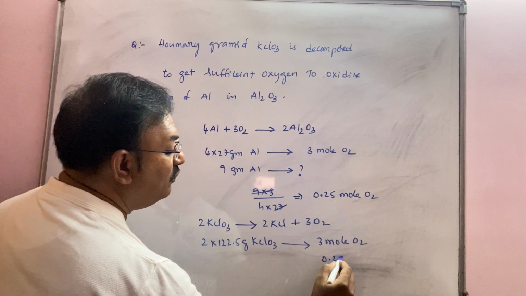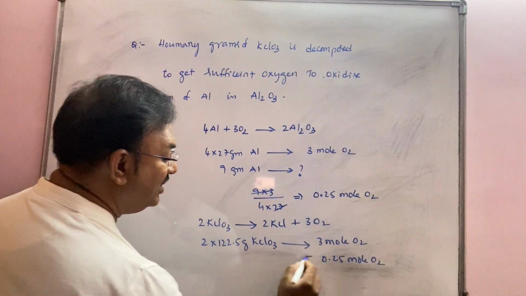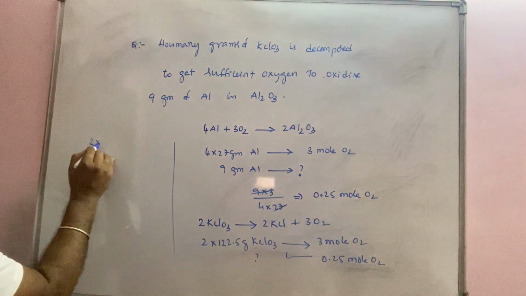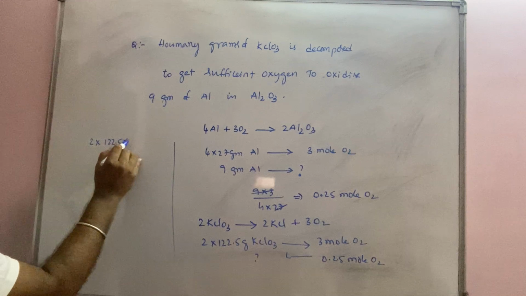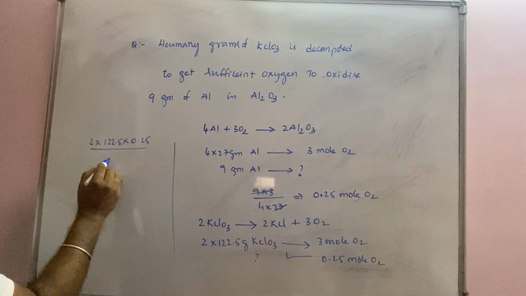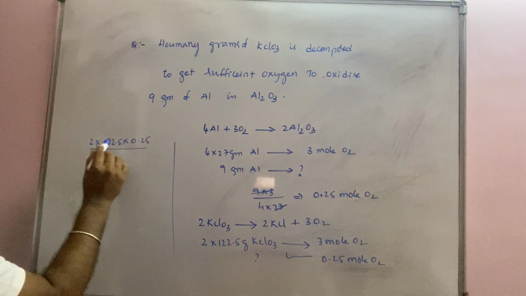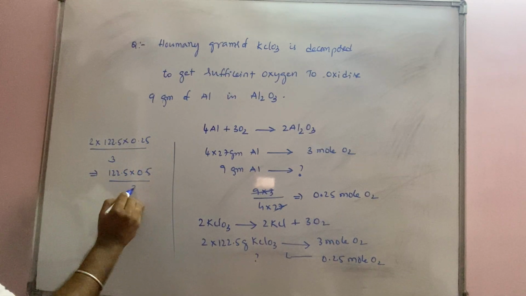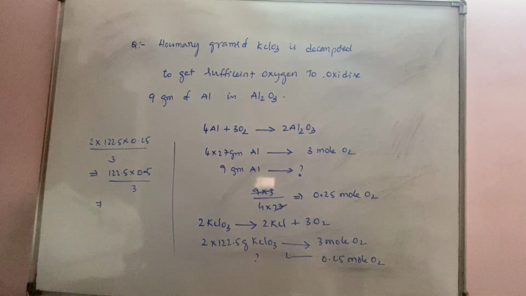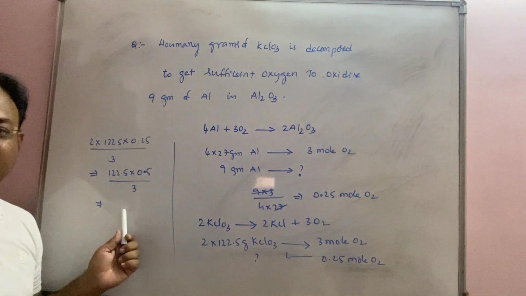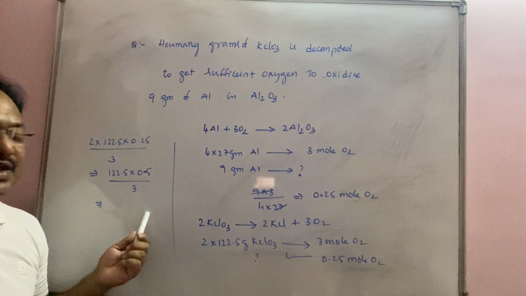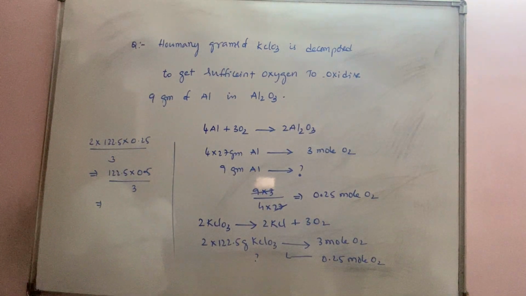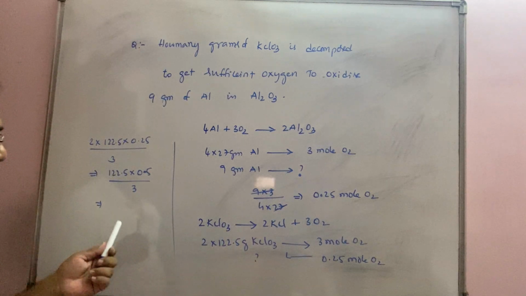So for 0.25 mole of oxygen, how much potassium chlorate has to be decomposed? So 2 into 122.5 into 0.25 by 3, that is 122.5 into 0.5 by 3. By solving this, you will get the answer.